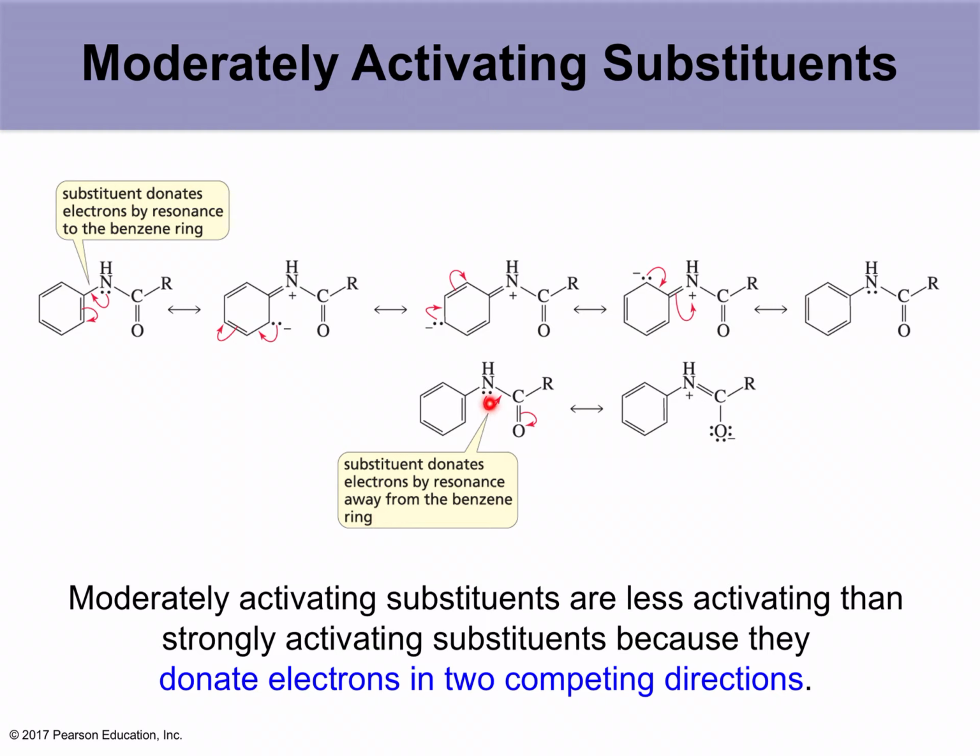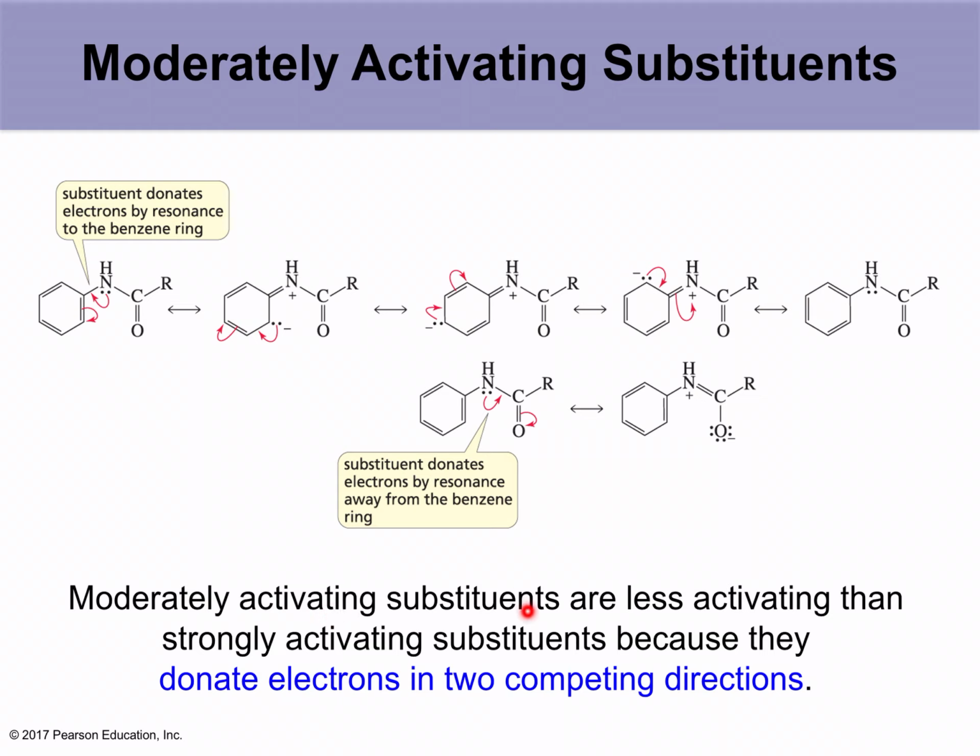You see here, now the resonance is going to happen away from the benzene ring. It does undergo this resonance as well as the other. Because of that, they are activating, but they are not as strong as aniline, phenol, or phenyl ethers.